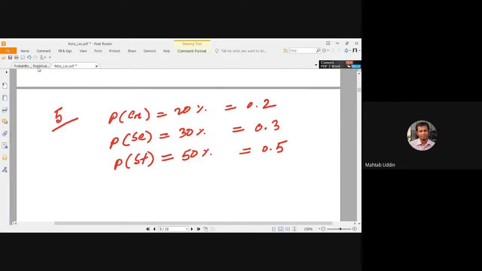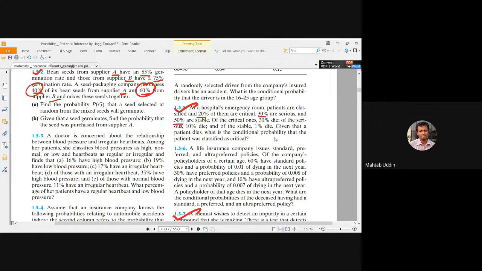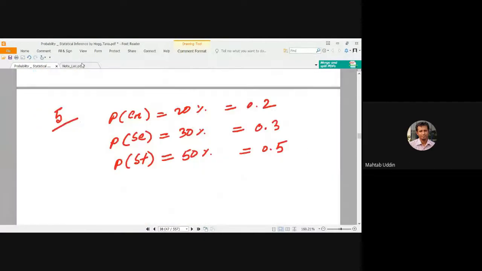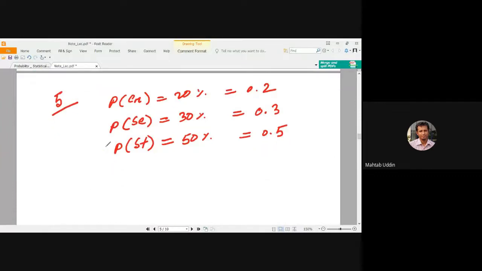We have said that of the critical ones, 30% die. Under critical is 30%, under serious 10%, and under stable 1%. So die is the new variable.